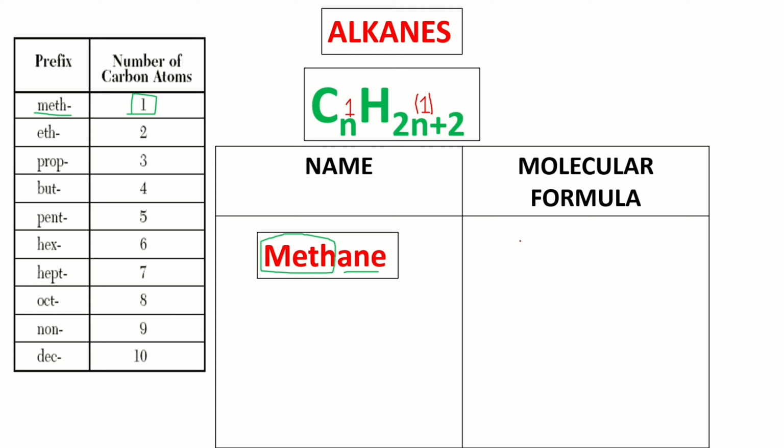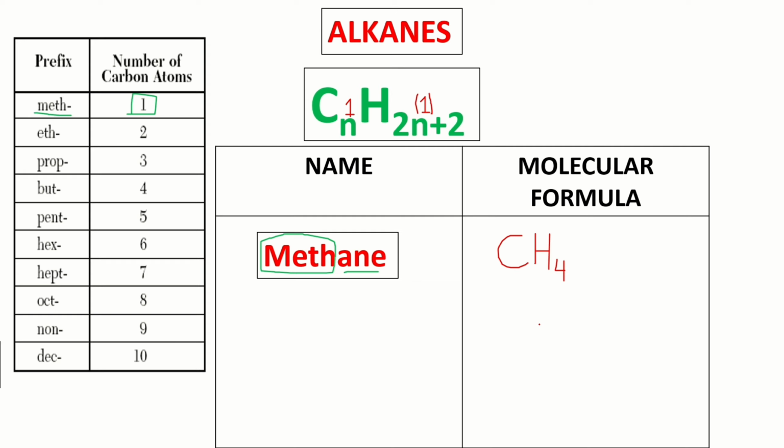You will write C. There is no need to write the number 1 as a subscript, because writing the letter itself means 1. For the number of hydrogen atoms, you have to solve it first. So 2 times 1 is 2, plus 2, we have 4. Then you will write 4 as your subscript. This is the molecular formula for methane.